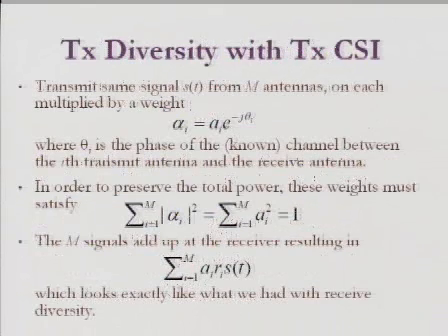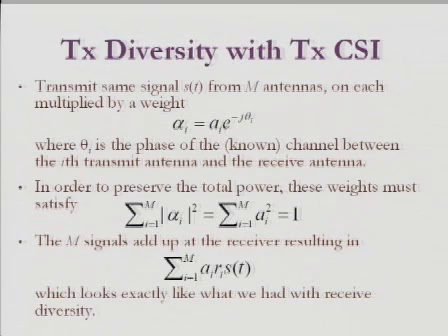So let's start with transmit diversity with transmitter CSI. The transmitter knows the fading coefficients from each of the antennas to the receiver. So we're going to transmit from each of the antennas a common signal, S of t, times a coefficient, and let's call again the coefficient alpha sub i, which again has an amplitude A sub i and a phase theta sub i.